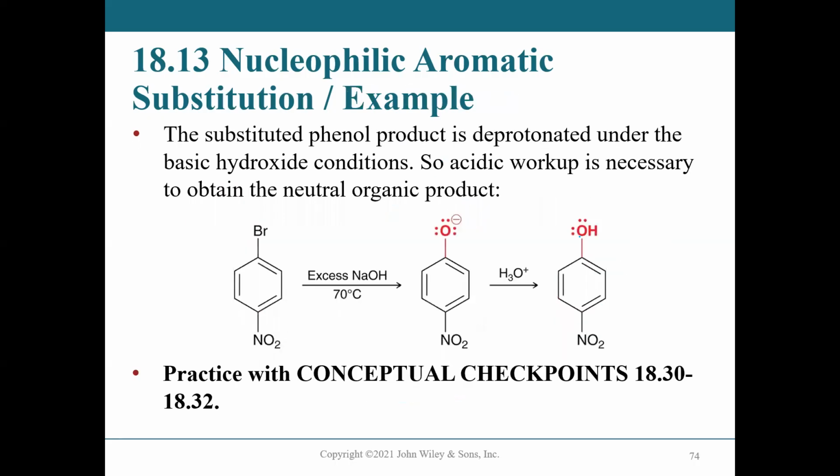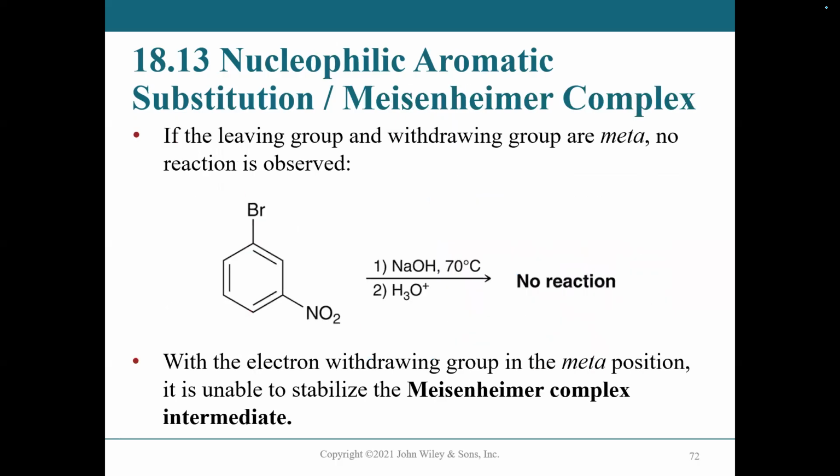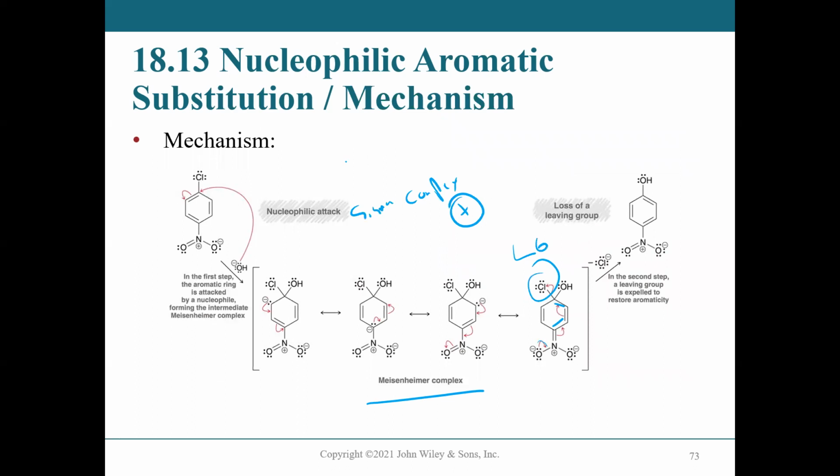It says the substituted phenol product is deprotonated under the basic hydroxide conditions, so acidic workup is necessary to obtain the neutral organic product. And that's why you have this acid right here. Otherwise, how are we going to protonate the final product?